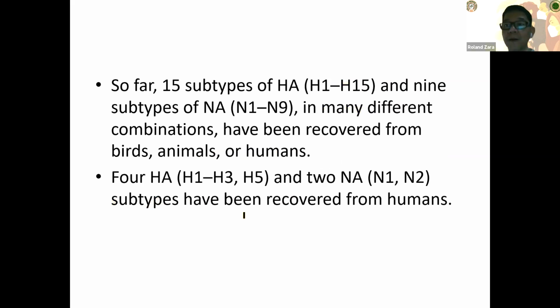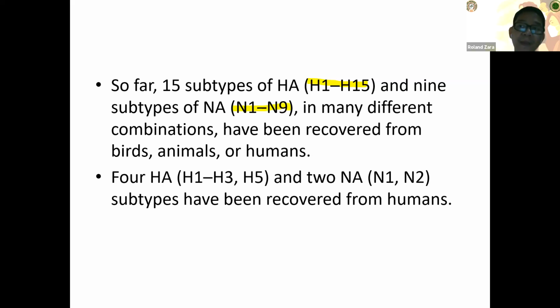So far, how many subtypes of HA? Usually there are 15 subtypes: H1, H2, H3, H4 to H15, and 9 subtypes of N, N1 to N9. So H1 can combine with N1, so that's H1N1, or H3 can combine with N2, so H3N2, or H5 can combine with N1.